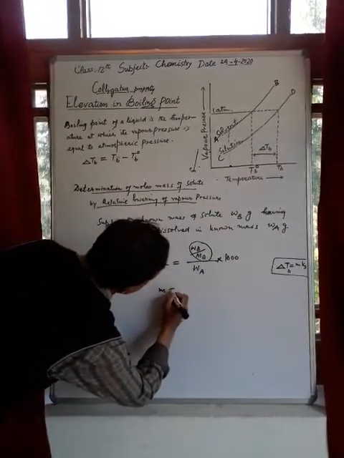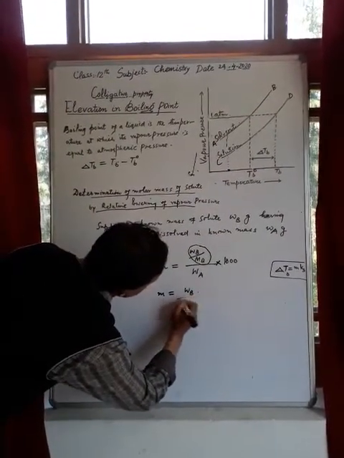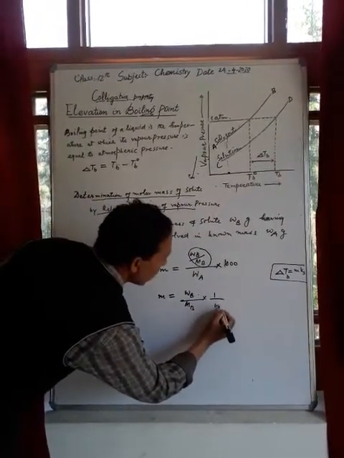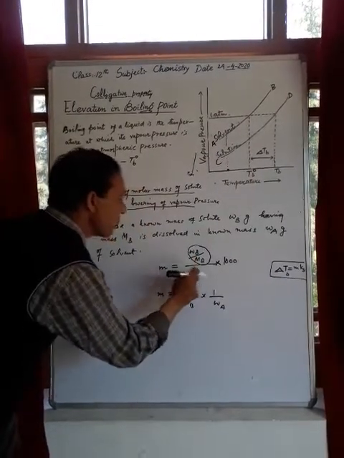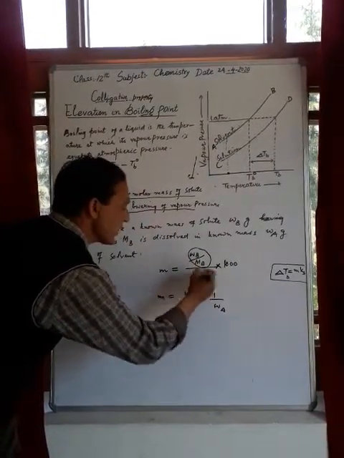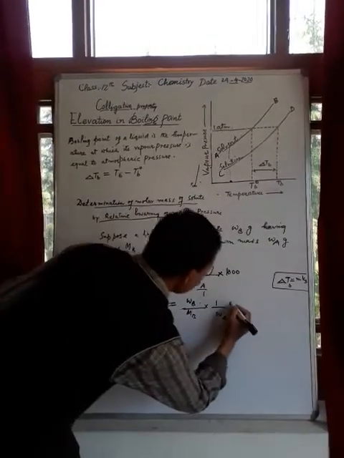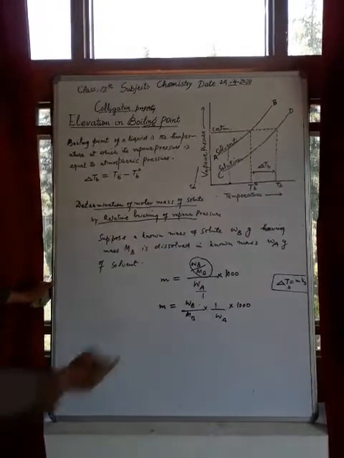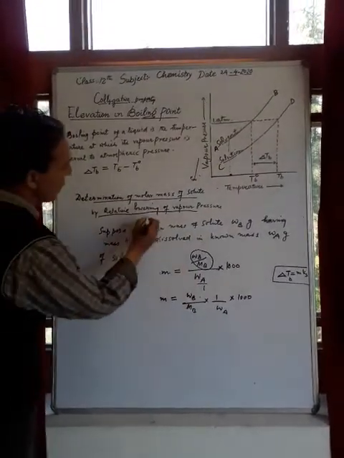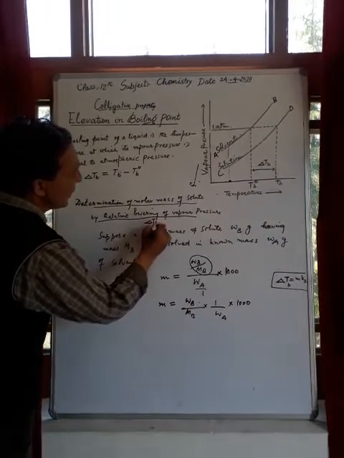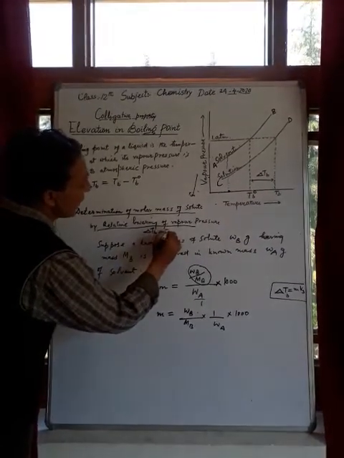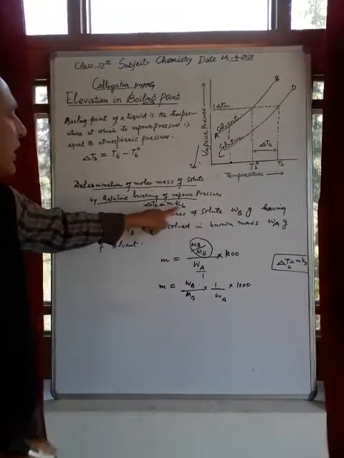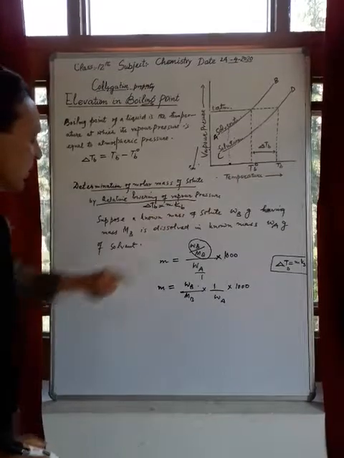Or we can write M is equal to WB by MB into 1 by WA. This is in the numerator, its denominator will be 1, so 1 by WA into 1000. And we substitute this value into the equation for elevation in boiling point, that is mKb, where m is molality and Kb is the molal elevation constant.